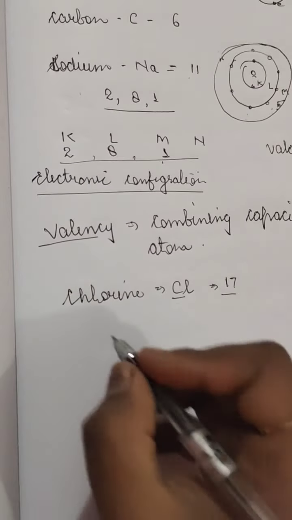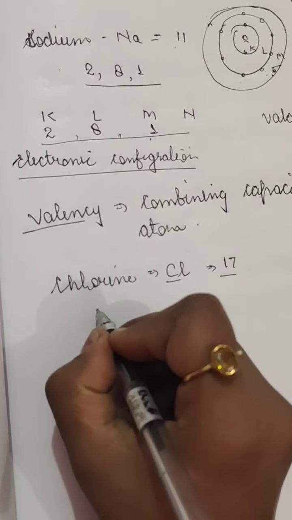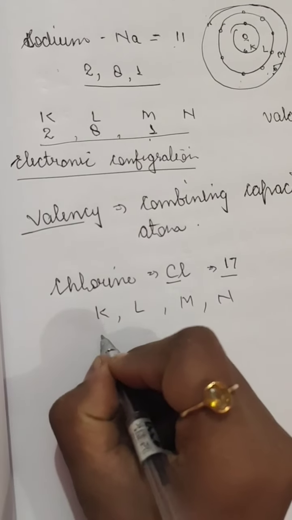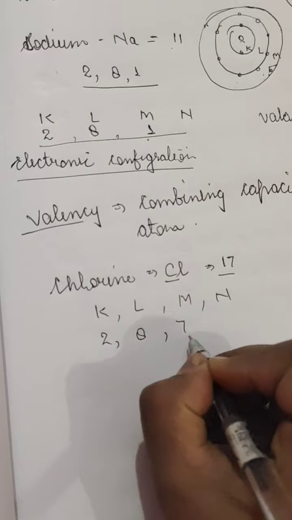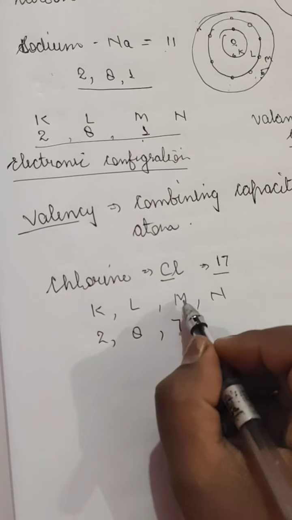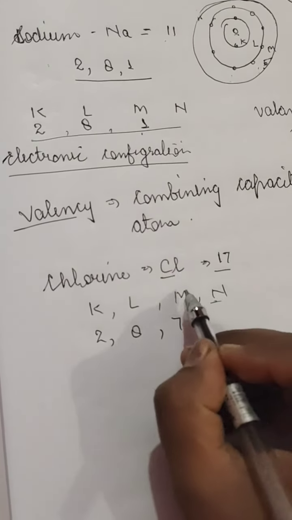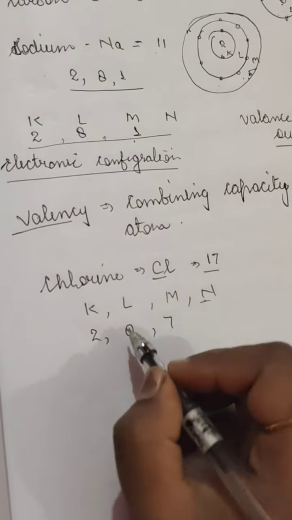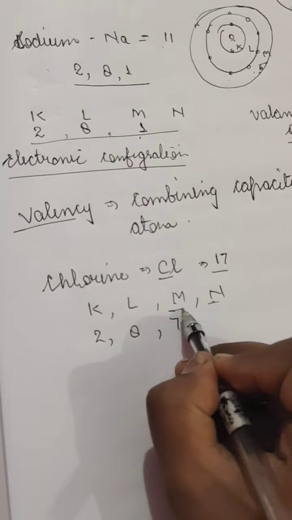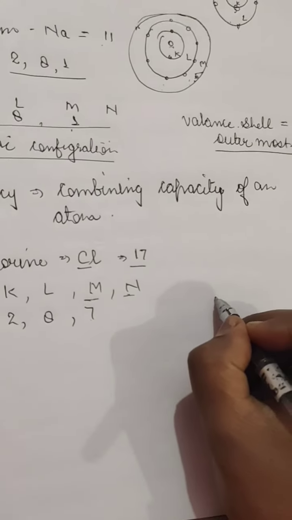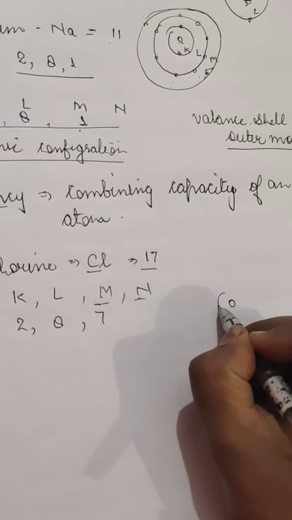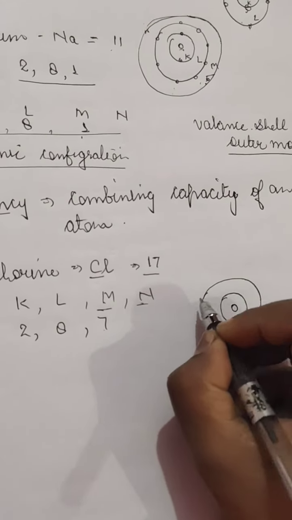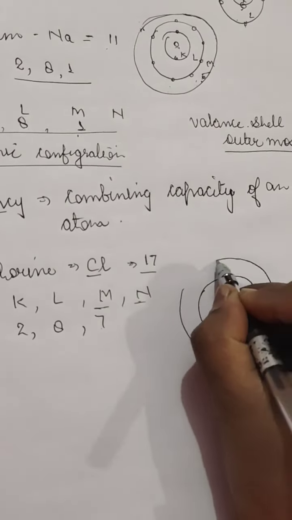According to this, the electronic configuration will be K, L, M and N. It will be 2, 8 and 7. That means chlorine does not have the N shell, because there are only 7 electrons in the outermost shell, so no filling will be done in the N shell. M is the outermost shell, or the valence shell, for chlorine. This is the nucleus, first shell, second shell and third shell.